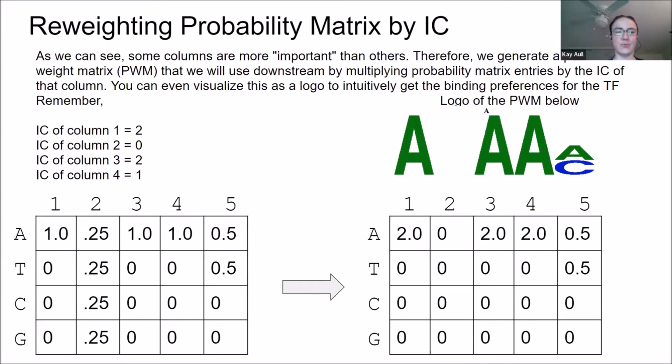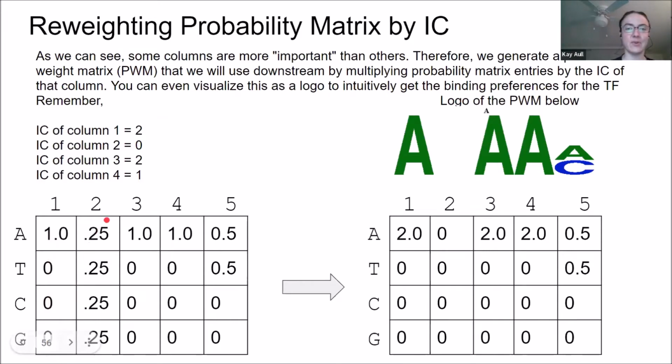And so here's how you get your weight matrix. You are multiplying each column by its information content.